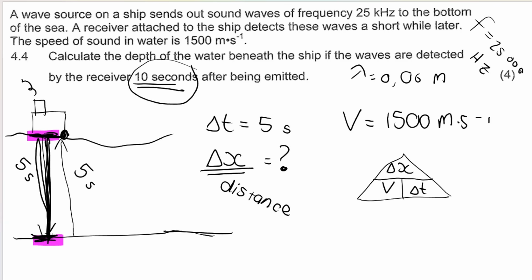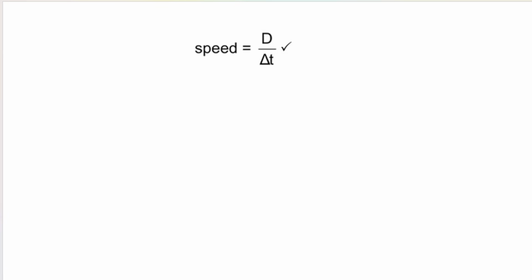Basically what this is telling me is that speed is equal to distance over time. That is something that you should be familiar with from grade 9. And that is actually the version that the memo uses. But speed, remember, is speed of sound. Distance, I'm just calling it delta x, and time. It means the same thing.